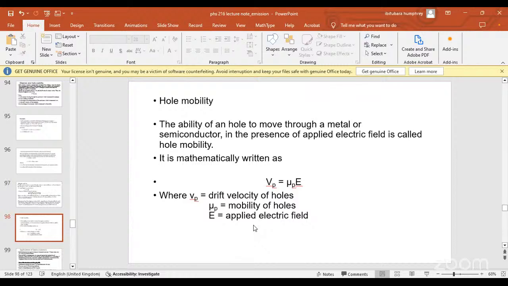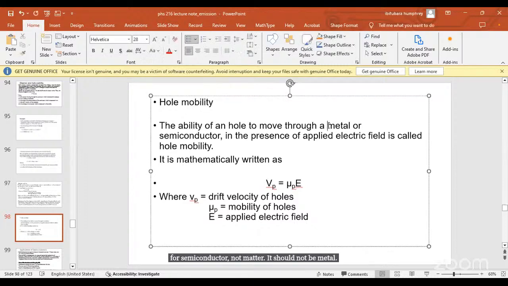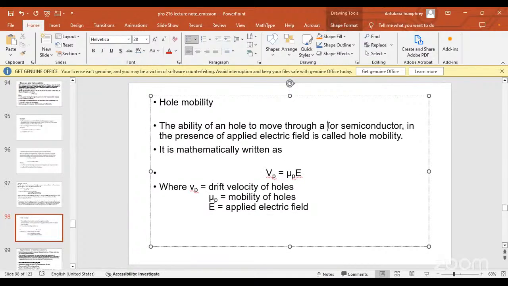Hole mobility. Just like we have electron mobility, we also have hole mobility. The ability of a hole to move through a semiconductor, to shift from one end to the other. Not metal, it should not be a metal. Metals do not show that they have holes.